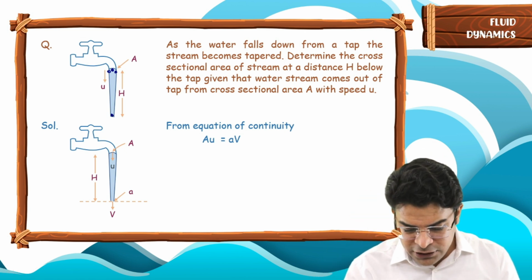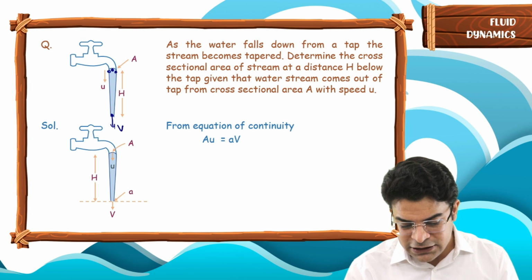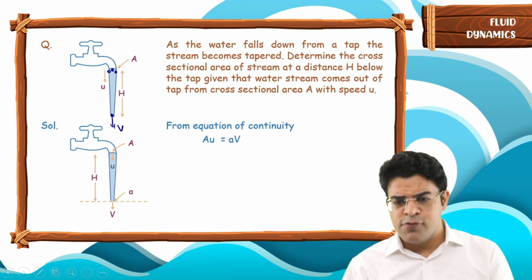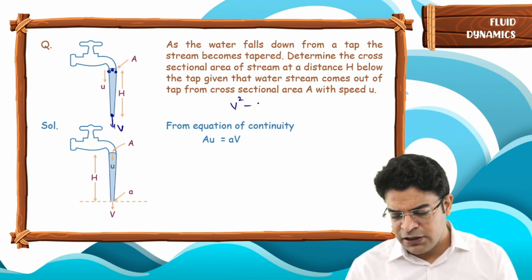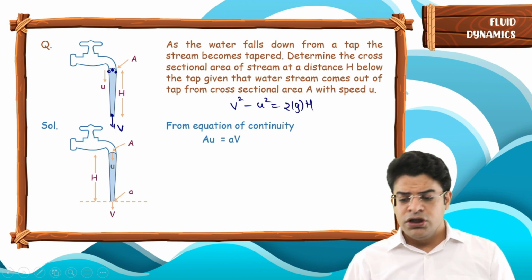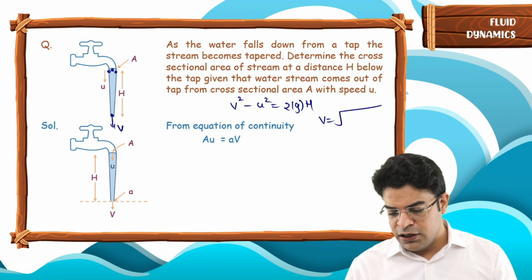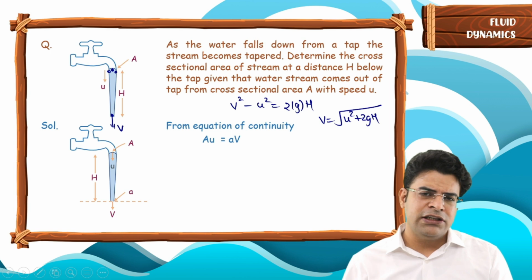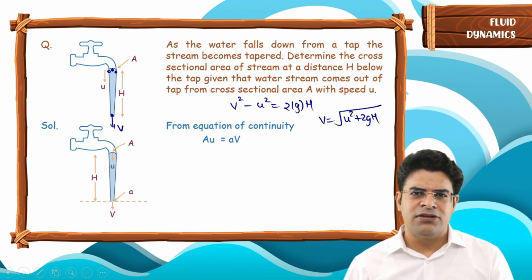If after falling through a length h, it attains a speed v, we can use the third equation of motion: final velocity square minus initial velocity square equals 2 times acceleration into displacement. So the final velocity has to be equal to the square root of u square plus 2gh. And when I looked at the answer doing this, I found that it's the right answer.